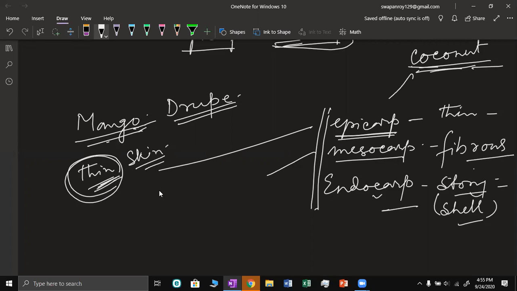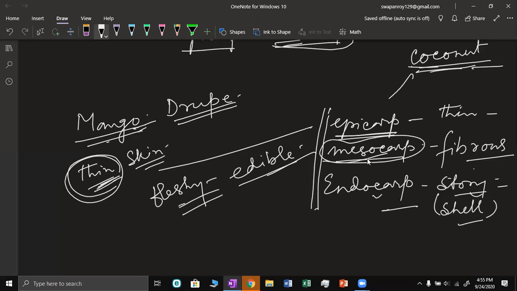Mesocarp is the fleshy part, and this is edible. So we eat the mesocarp of the fruit in case of mango. And the endocarp is hard, stony, and this endocarp we don't eat. It is not useful, and along with the seed we throw it.